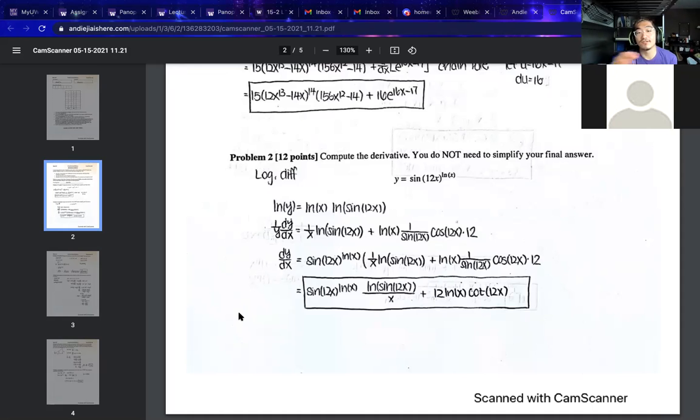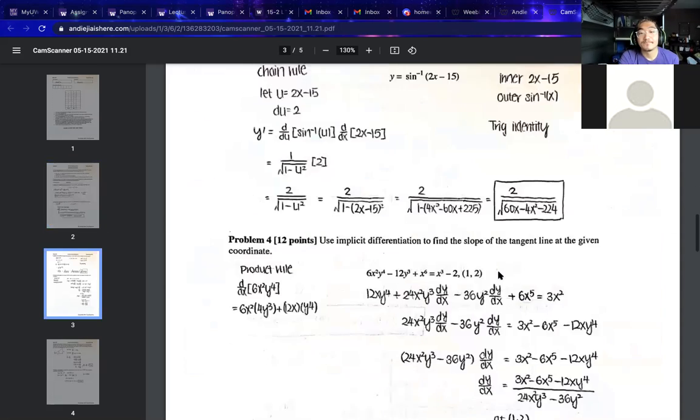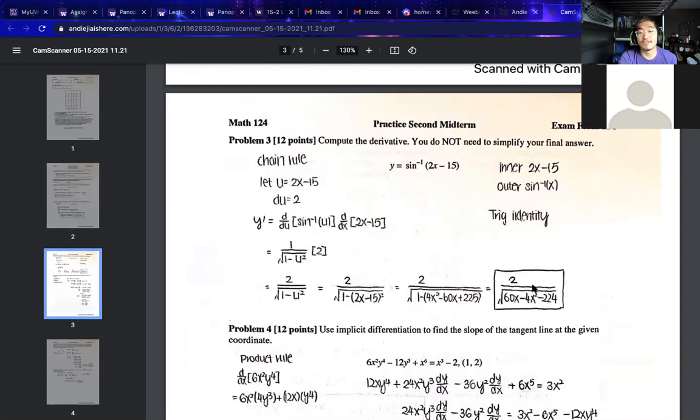Use the trig identity here, because your professor might take points off because the answer is not fully simplified. Cosine over sine is cotangent, sine over cosine is tangent. But this is a radical, I think this is the denominator. Simplify, just label it here.